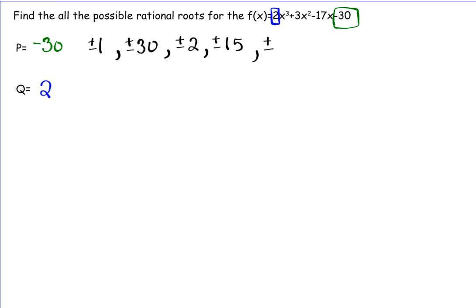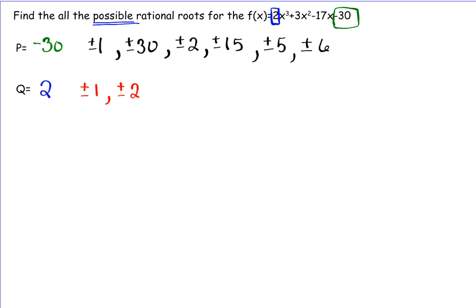What two other numbers multiply to be 30? That would be plus or minus 5 and plus or minus 6. Now, the factors of Q, or in this case, the number 2, are plus or minus 1 and plus or minus 2.